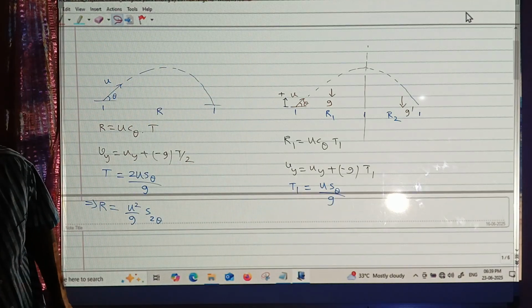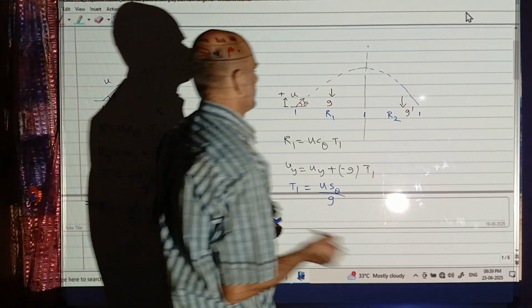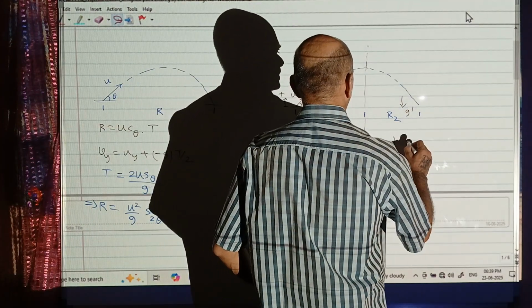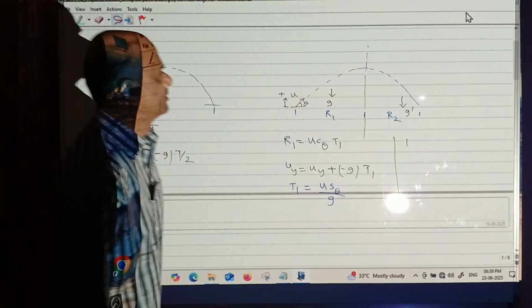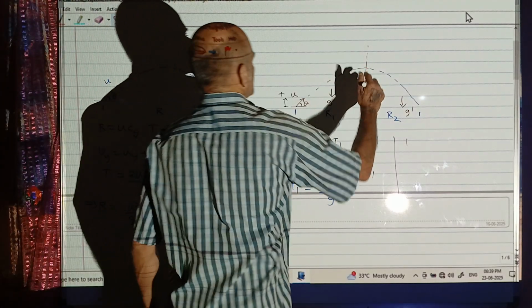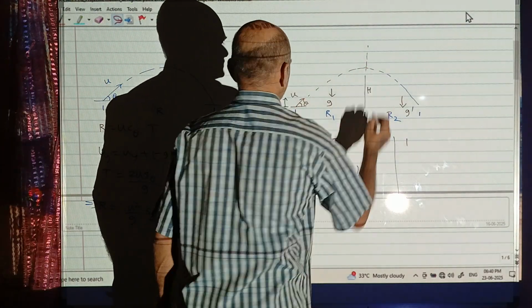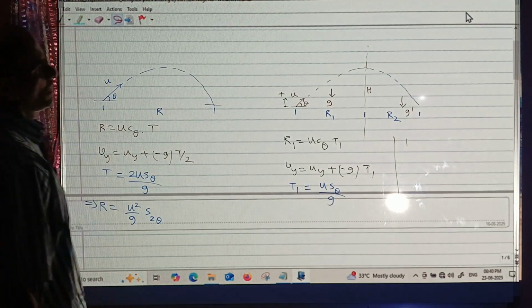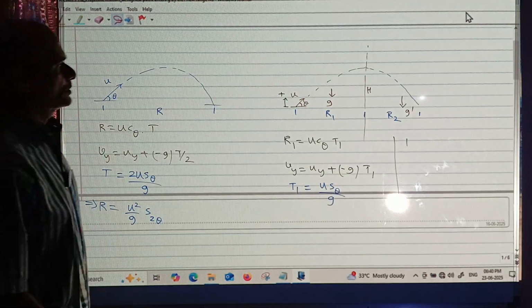And to get R2, first we'll get the maximum height h from the first half. To get that, we have to use V square equal to U square plus 2aS.